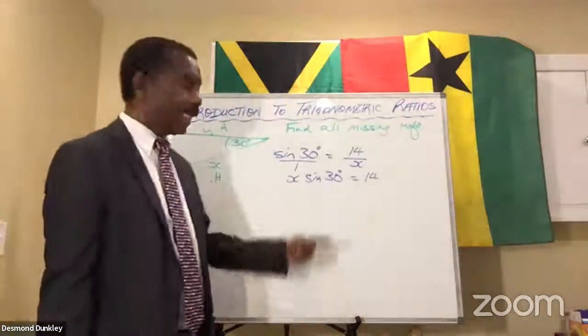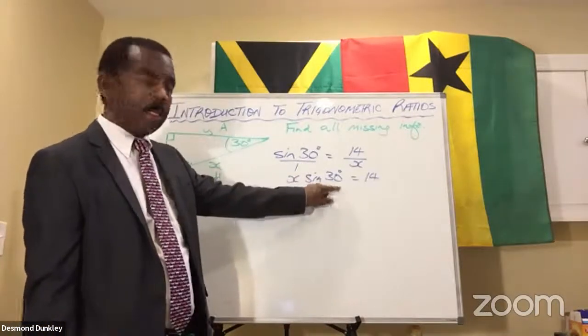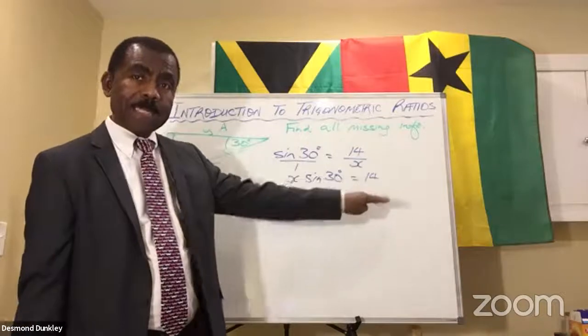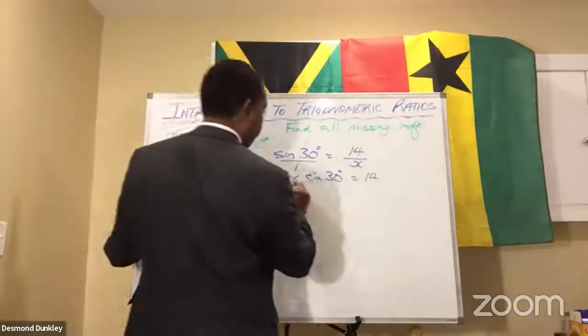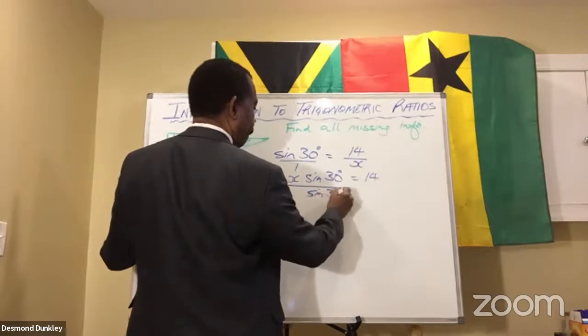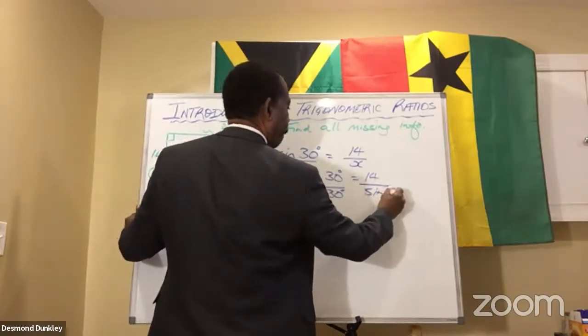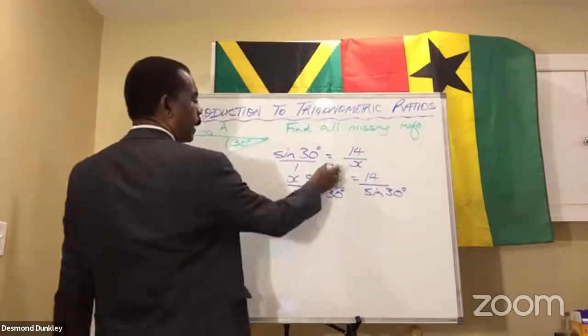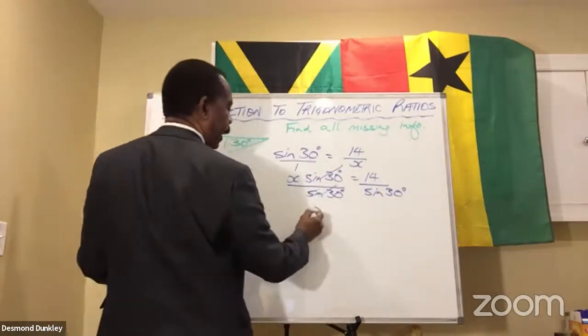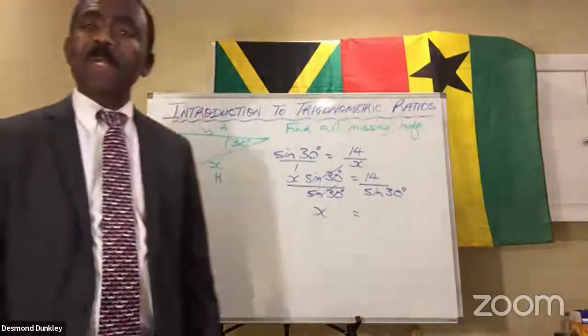And now to get x by itself, we need to get rid of the sine 30 degrees. So we divide both sides by sine 30. So this cancels this. So x is equal to 14 divided by sine 30.